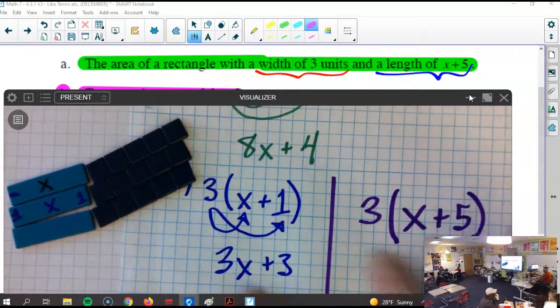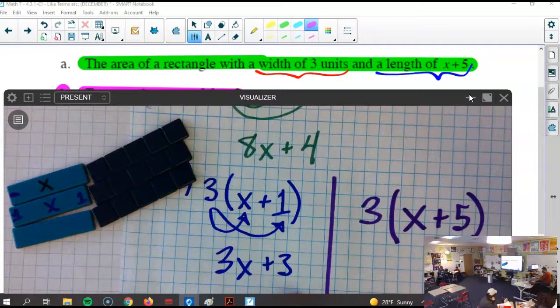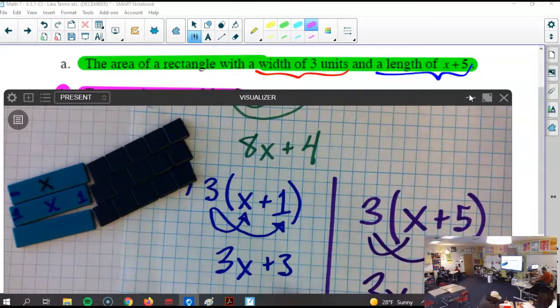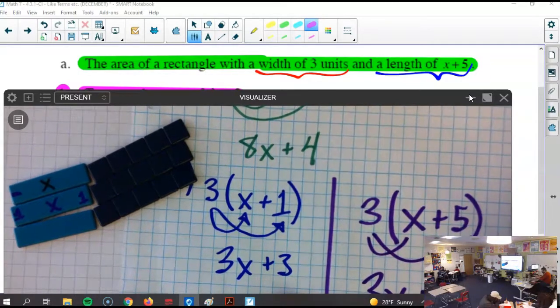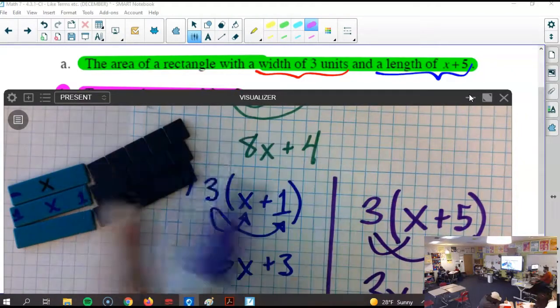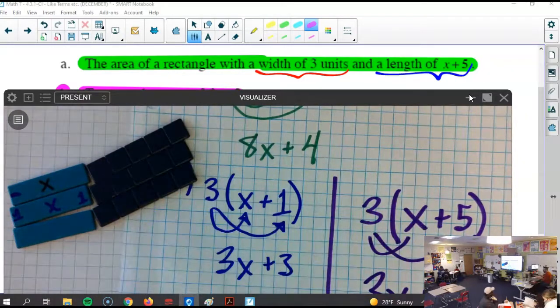So we're discussing area here. What's 3 times X? 3X. What's 3 times 5? 15. And in total, we have 3 X's and 15 of the 1 tiles. Questions?